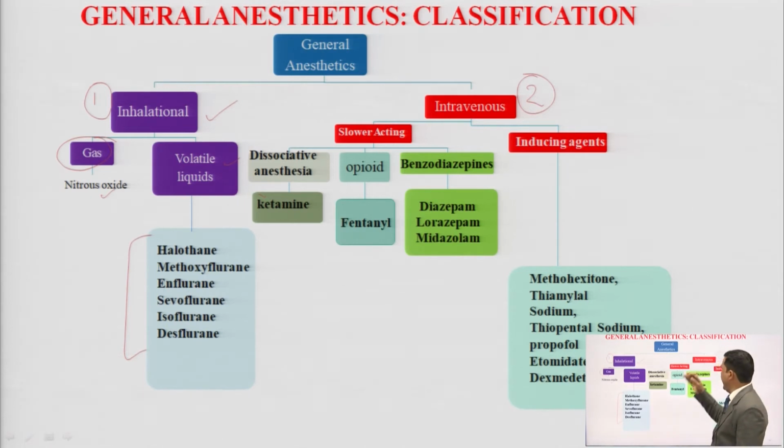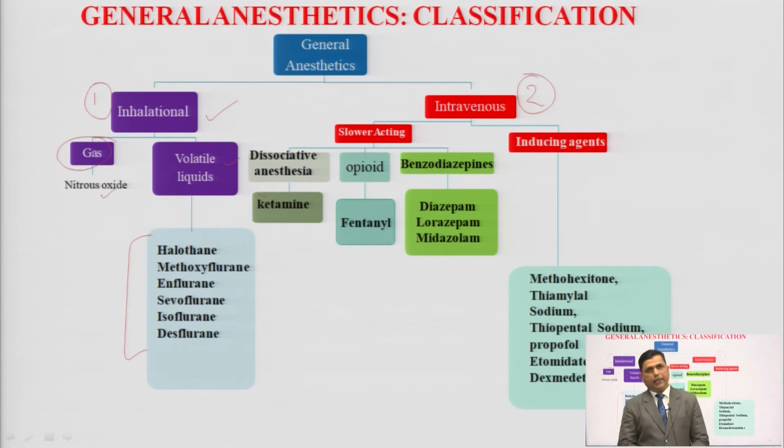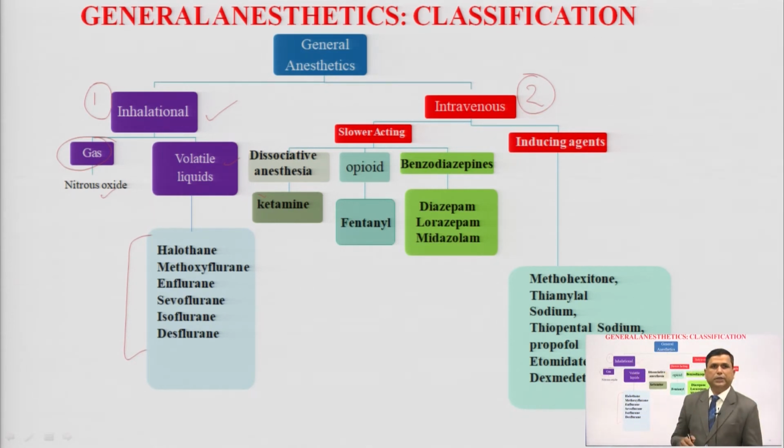Now, come to the intravenous anesthetics. Again, these are divided into two parts, slower acting and inducing agents. In the slower acting, we use dissociative anesthesia, opioids, and benzodiazepines.